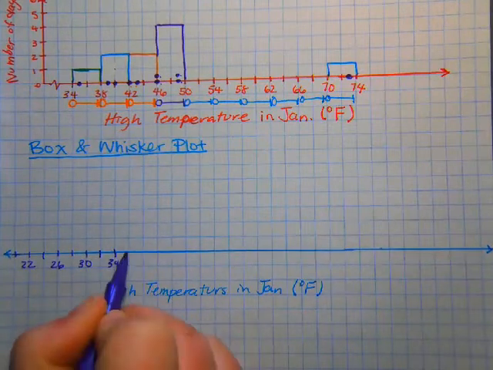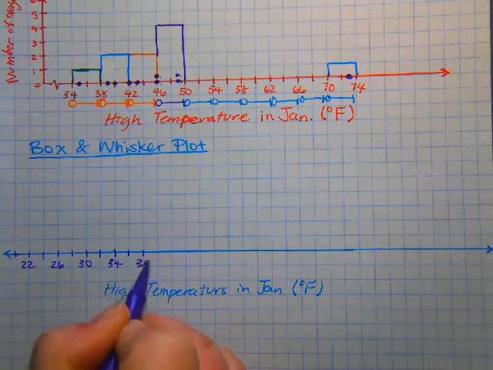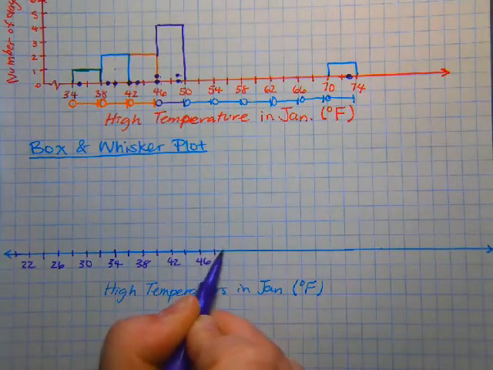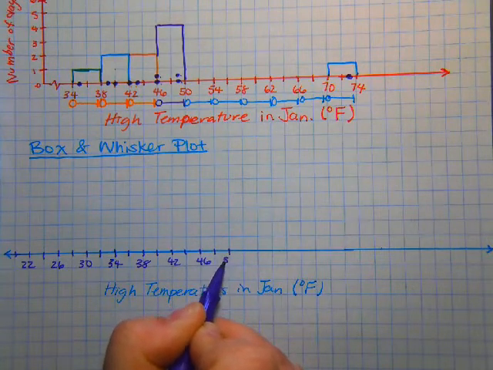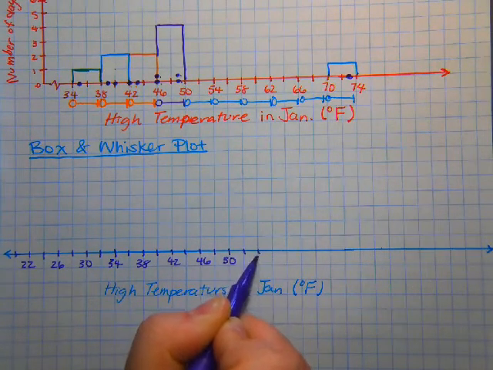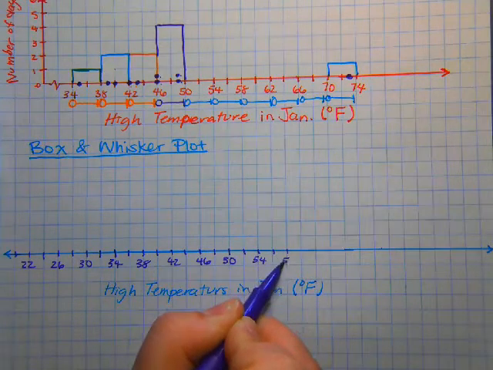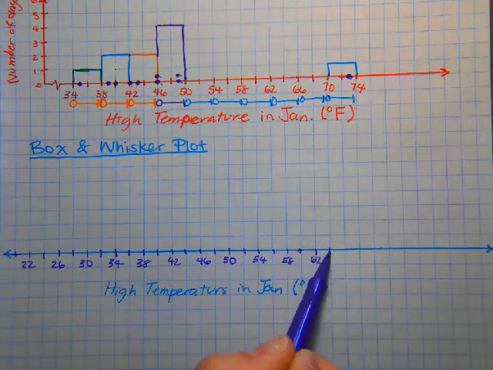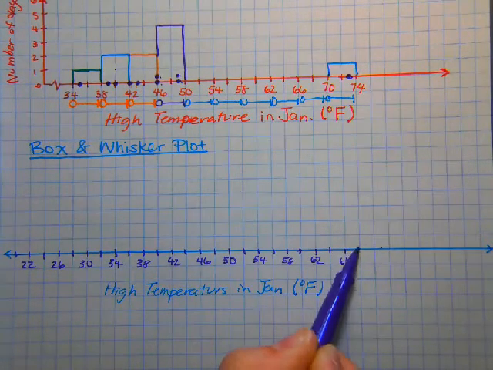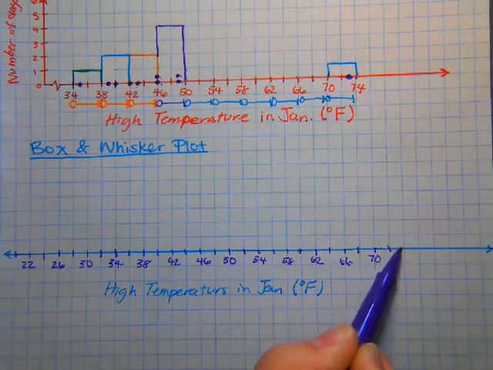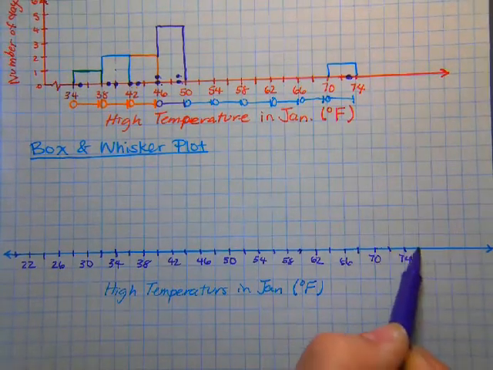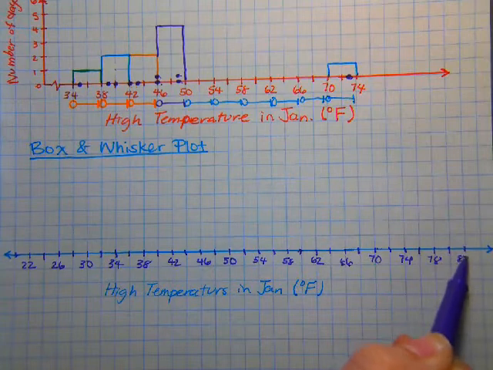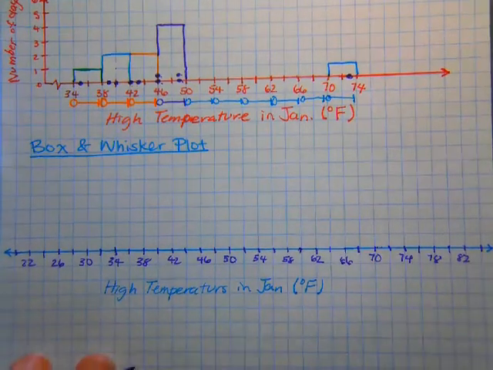And then I can go up the other way like I did before, 36, 38, 40, 42, 44, 46, 48, 50, 52, 54, 56, 58, 60, 62, 64, 66, 68, 70, 72, 74, 76, 78, 80, 82, 84. All right, so there's my number line.